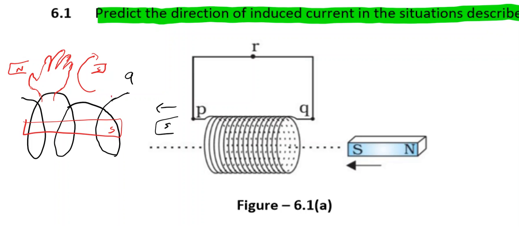So current should be going like this, and then the current direction should be this way. So current will go from Q to R to P to Q. So the direction of current should be Q to R to P to Q.